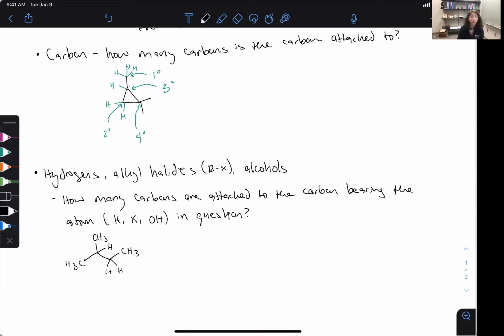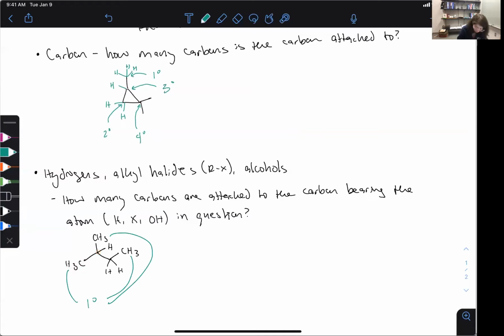Okay, so if I'm looking to identify what hydrogens I have around, so my primary ones, we're looking at these H's, it's how many carbons is this carbon attached to, and the answer is 1. Okay, so then all of these H's are primary. All of those are primary because all those H's are on 1 carbon that is attached to 1 carbon.